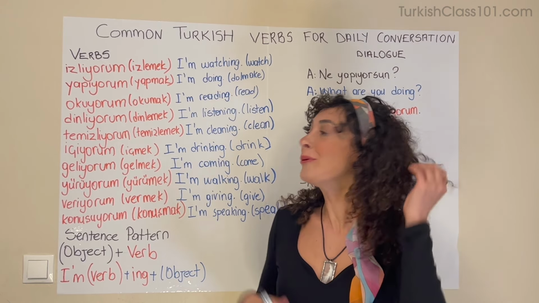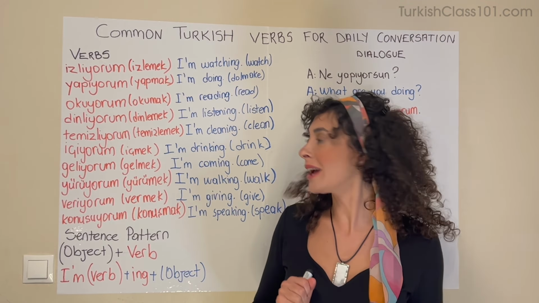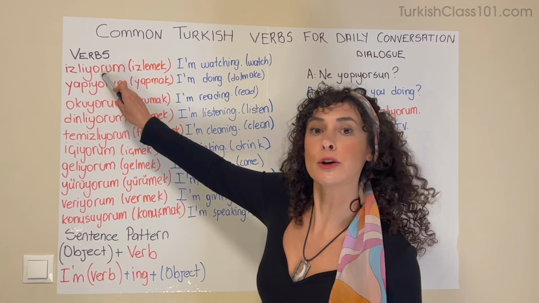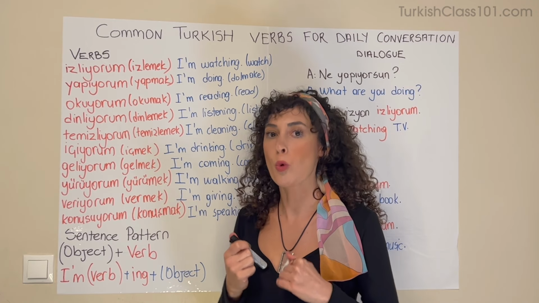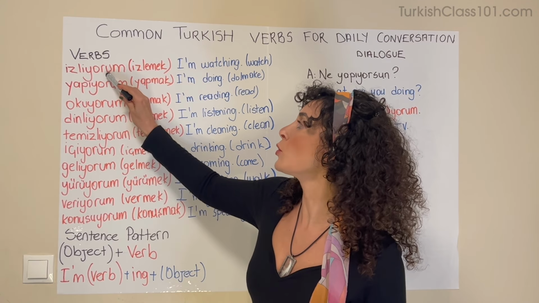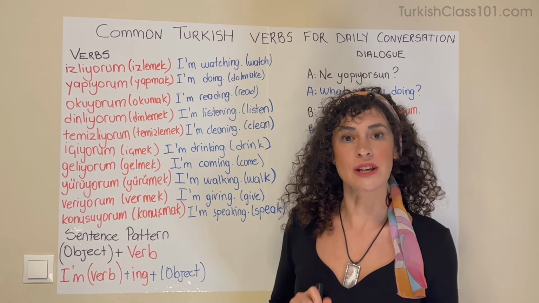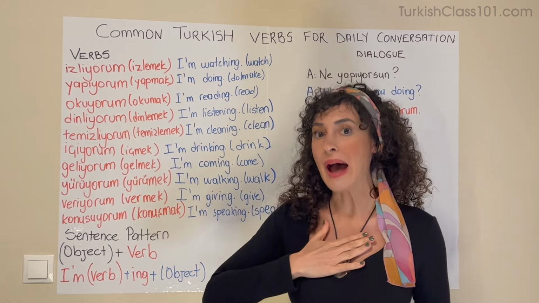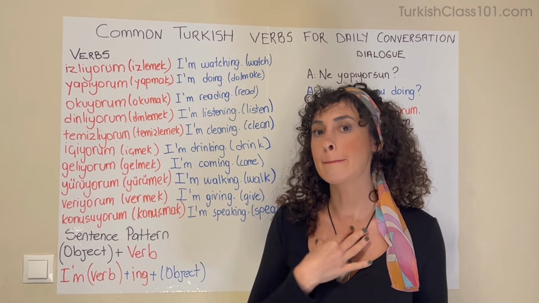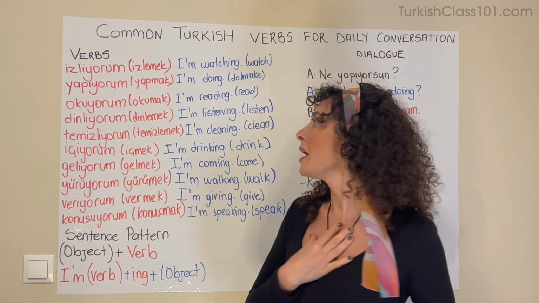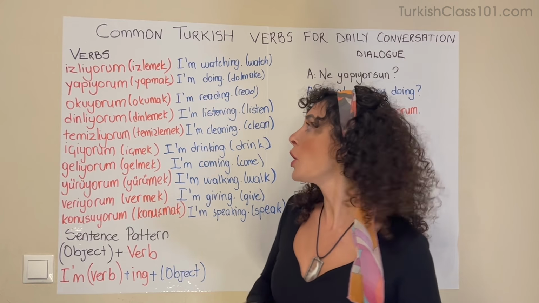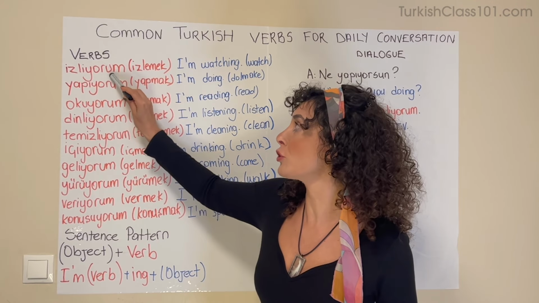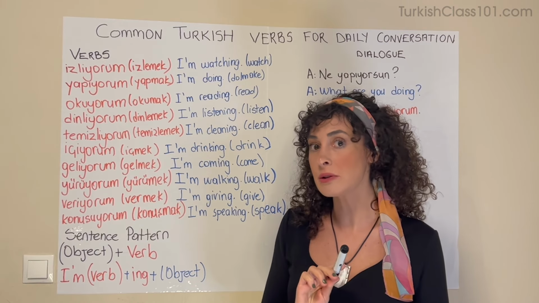Okay, now let's look at the vocabulary. First verb, izliyorum. I'm watching. You may notice we don't say ben, I. Because in Turkish, we not only put the tense in the verb, but also the pronoun.